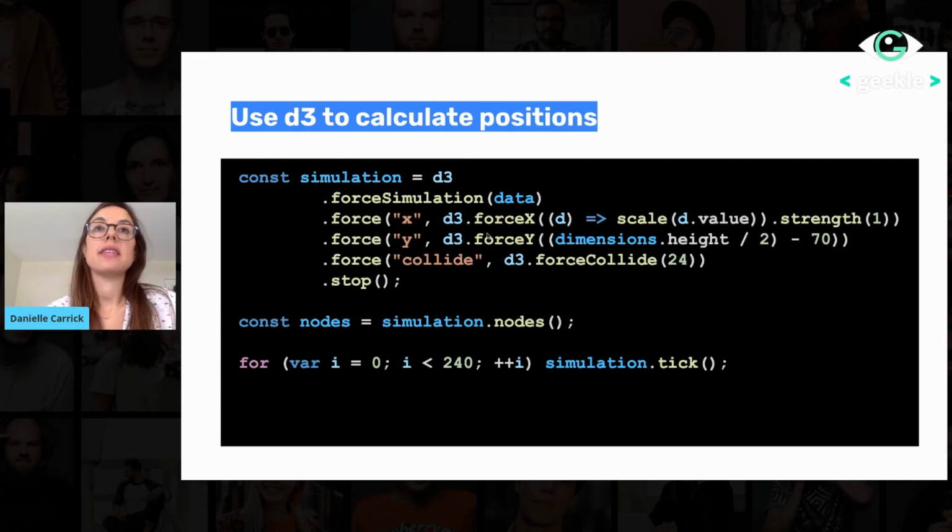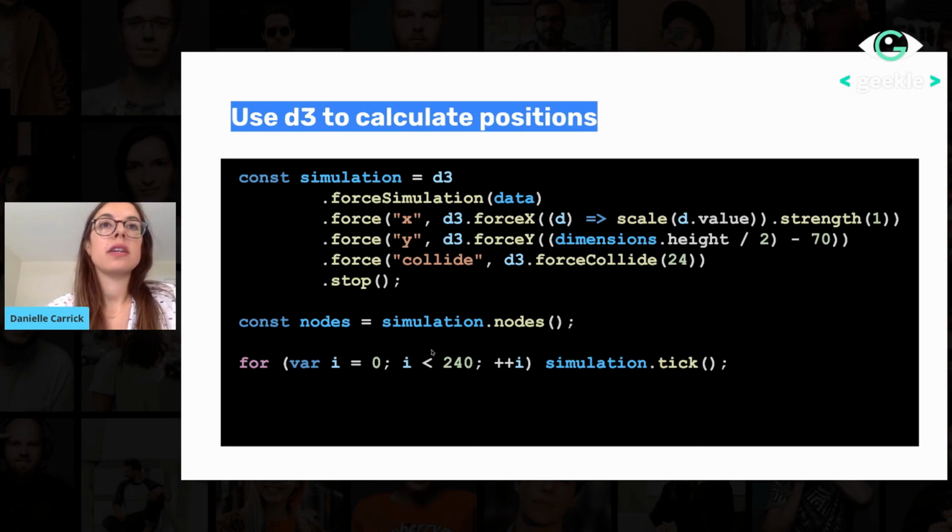So basically this is saying the Y force is going to attract towards dimensions.height divided by 2, which basically is the center of the visualization. So we want the force to go towards that center. And this force collide is, again, one of the options, sort of physics related.